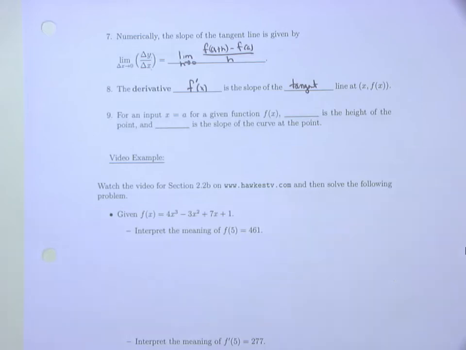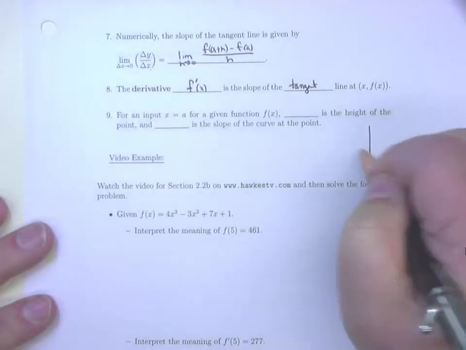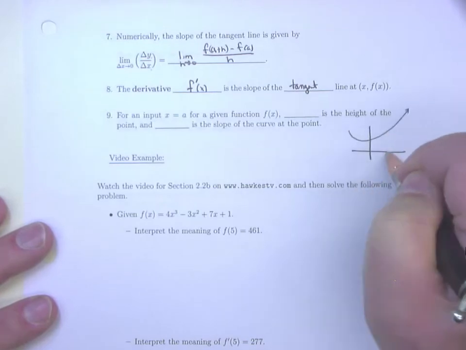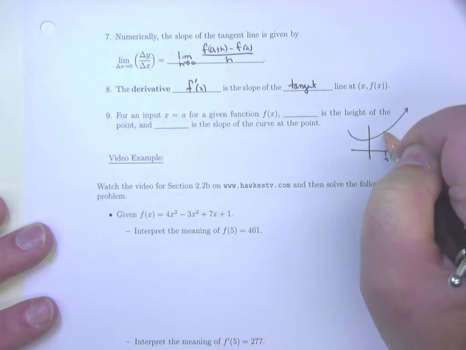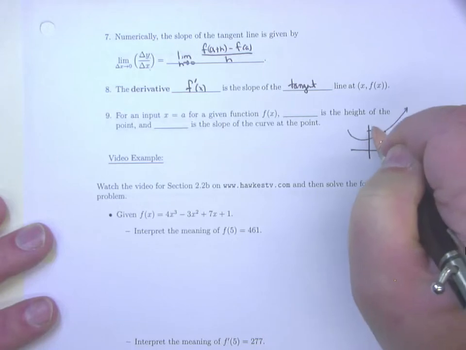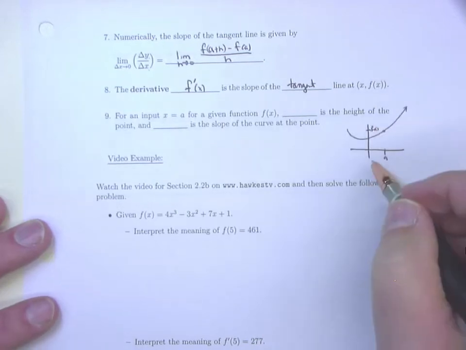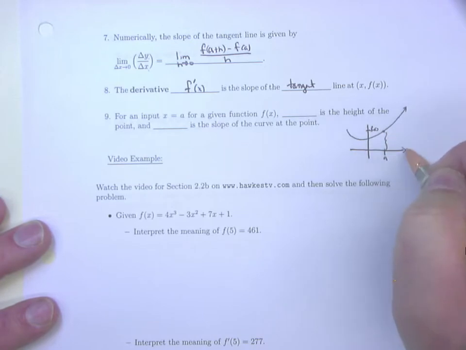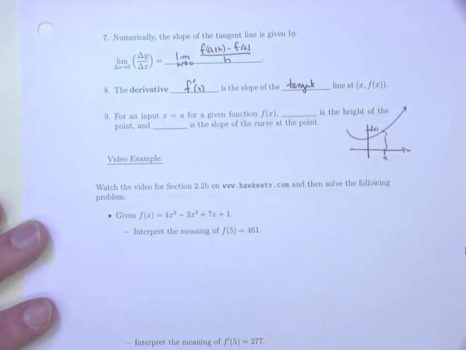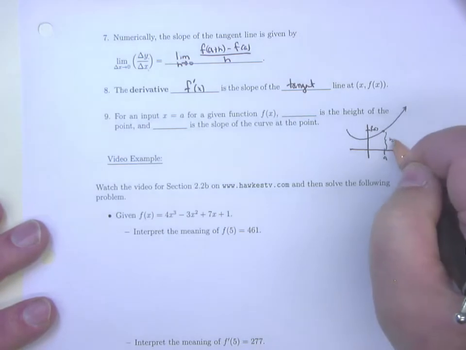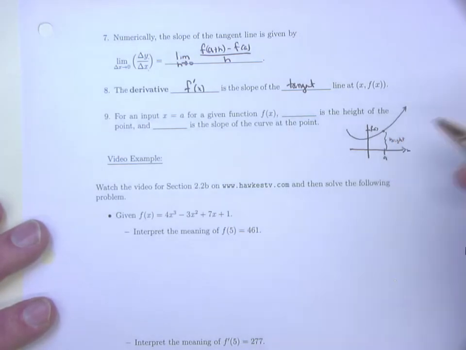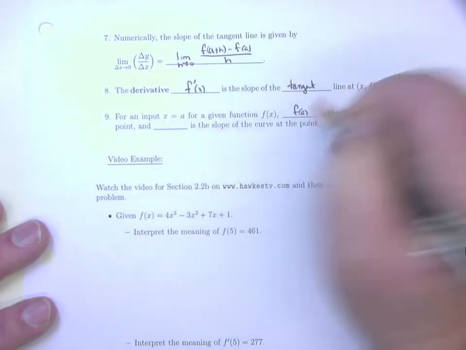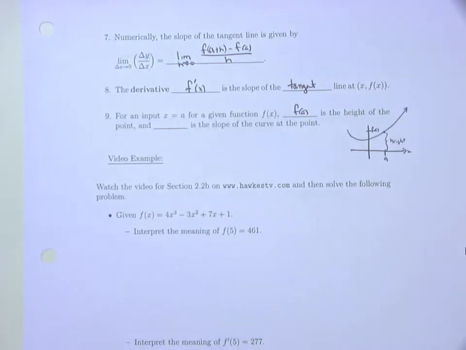If you're looking at a graph, you've got this point A. If I plot this point, f of a right here, this is how high the function is above the x-axis. So this would be the height, right? So f of a is the height of the point.